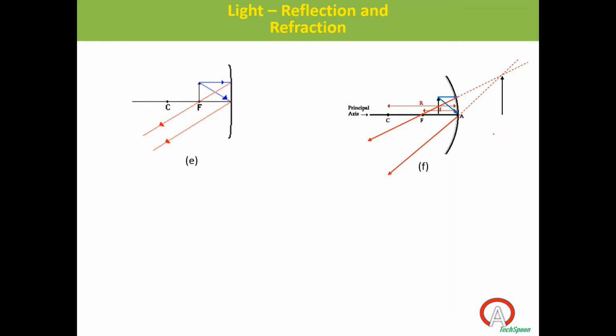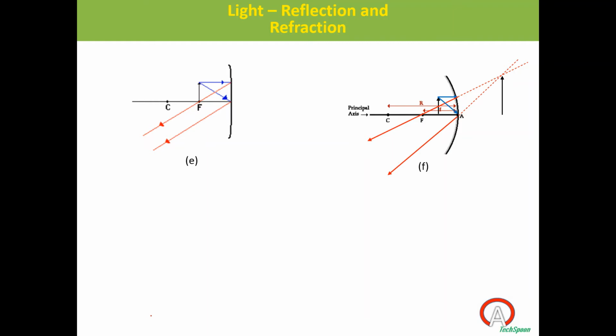Second, what you found, whether I will get an inverted image or real image. Third, what you have to find out, whether I am getting a diminished, means reduced size, image or an enlarged image. Okay, these 3 things you have to find out for the 6 different positions of the object.